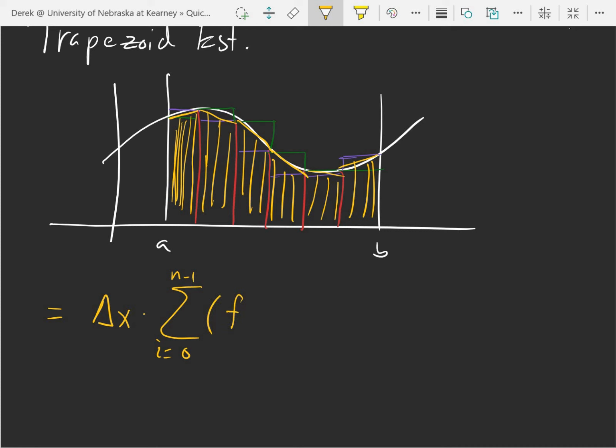So the right-hand side is f of a plus i plus 1 delta x, plus f of a plus i delta x. And then I want to divide by 2, but since each of those is divided by 2, I can do the divide by 2 out front.